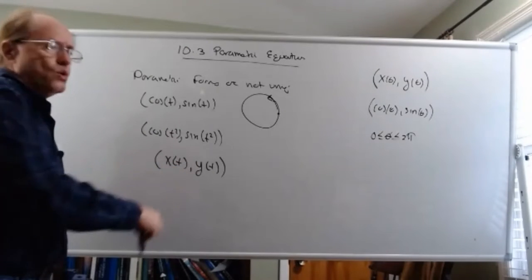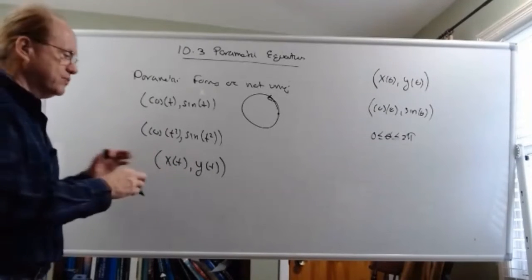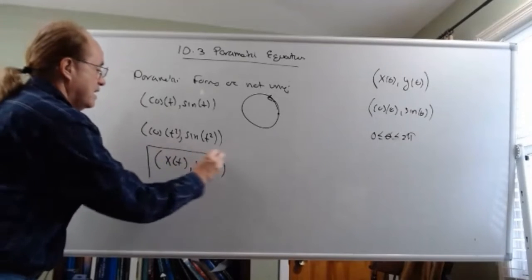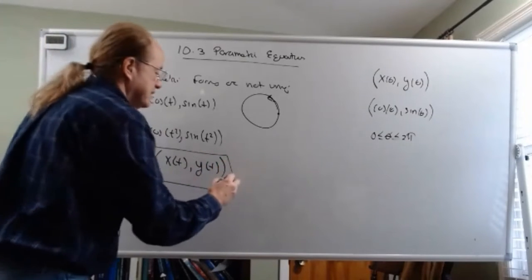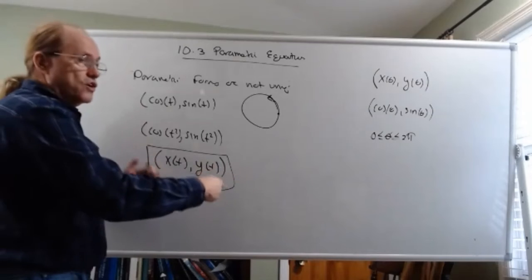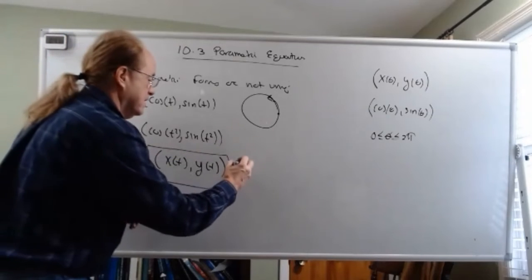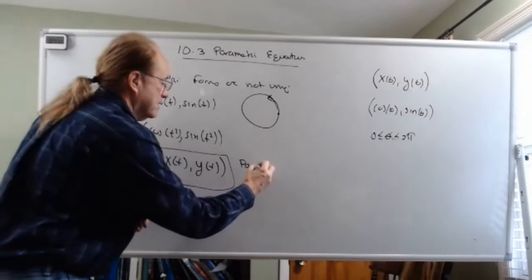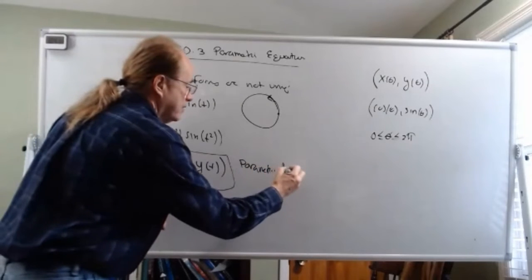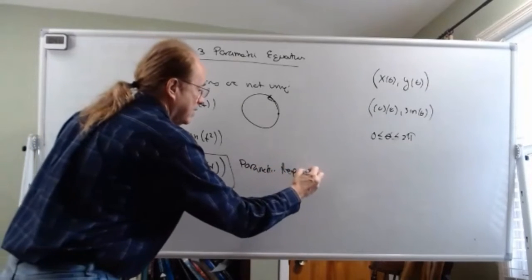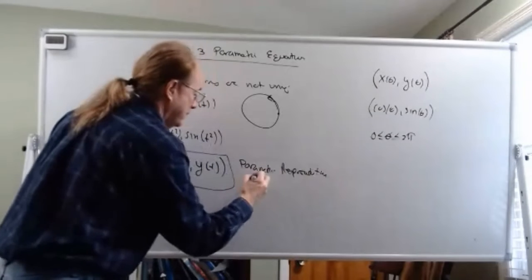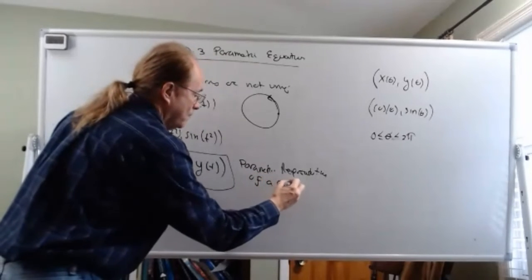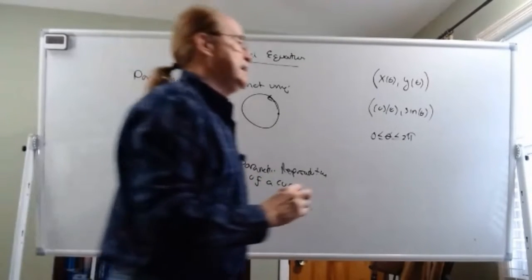And we trace around things called arc lengths and stuff like that. You'll see that later on. But this is my parametric representation of a curve or some sort of a relation in the xy plane.